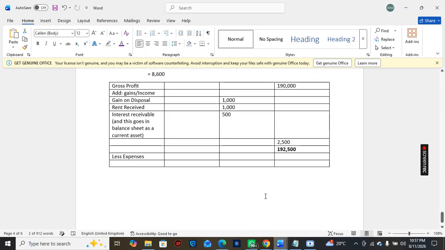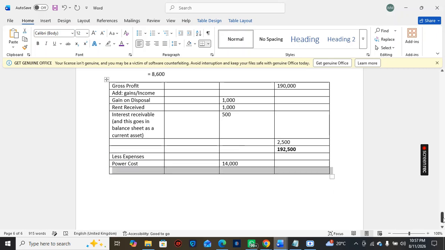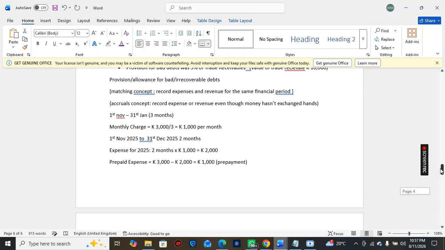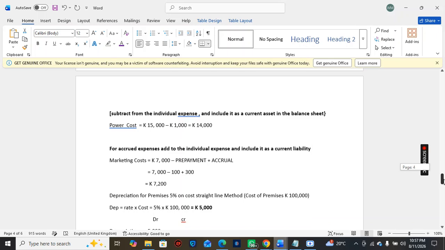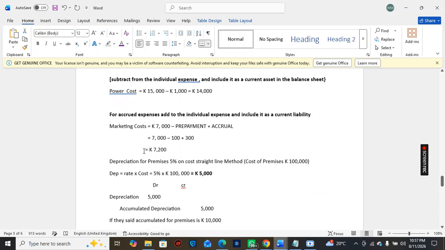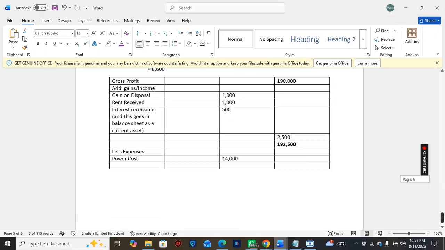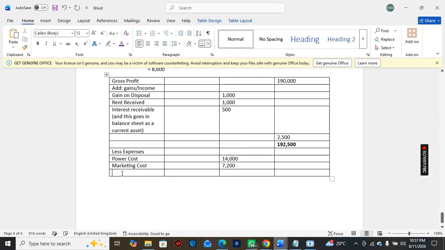We made that adjustment, so it's a power cost 14,000. Marketing cost 7,200. Depreciation premises 5,000.